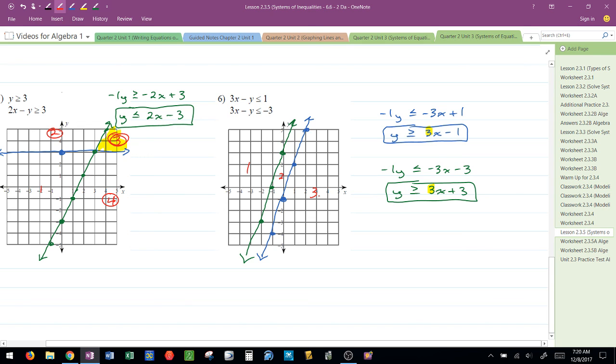I go to the first one, the blue graph, and it says y's are big. Y's are big for the first graph in region 1 and 2. Second graph says y's are big. Y's are big for the green graph over here just in region 1. So my solution is just going to be here, region 1.